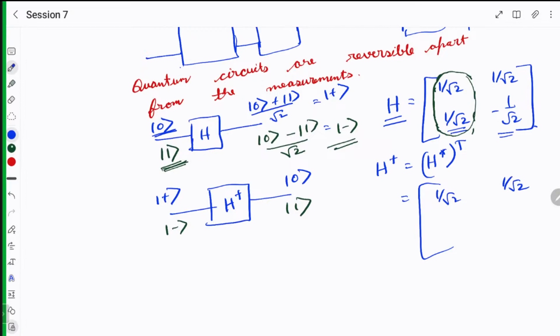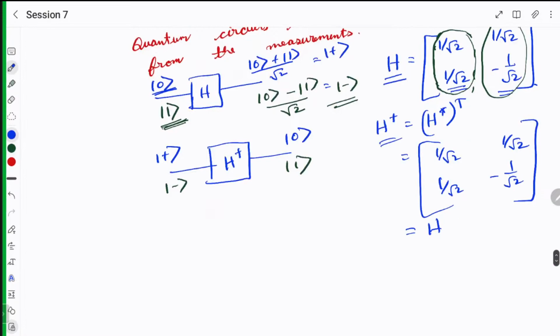And again, this second column will become the second row. So this will be 1 by root 2, minus 1 by root 2. And you see that H dagger is exactly the same as H. It turns out this will not always be the case. You have to look at the specific unitary operator that you are dealing with. So in this particular case, H dagger is H. So if you just put H here, you will go back from plus to 0 and minus to 1.